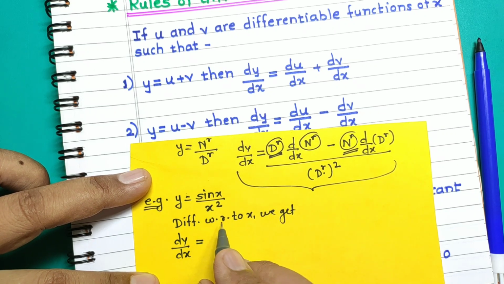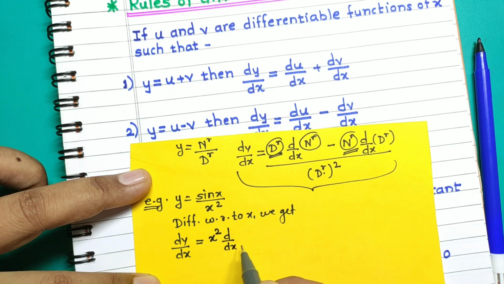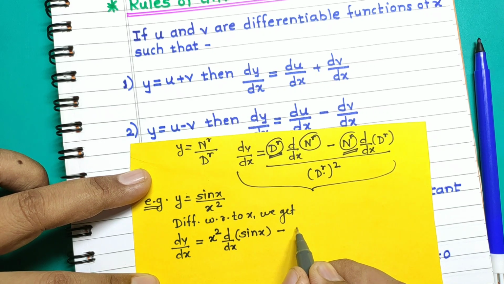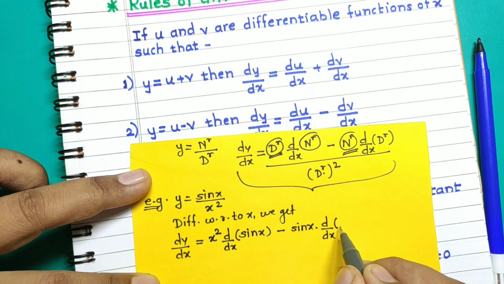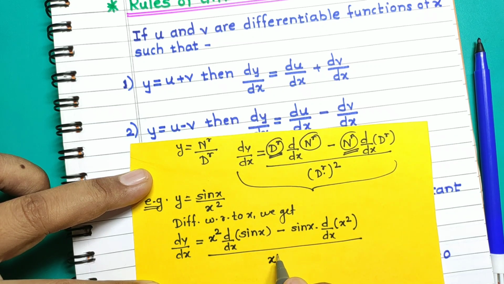Here denominator is x square, so keep x square as it is into derivative of numerator. So numerator is sin x. Okay, minus, keep this in mind properly, minus sign, again numerator as it is, so sin x as it is, multiply it by derivative of denominator, which is x square. Okay, upon, whole thing is divided by denominator square, so denominator is x square, its square.